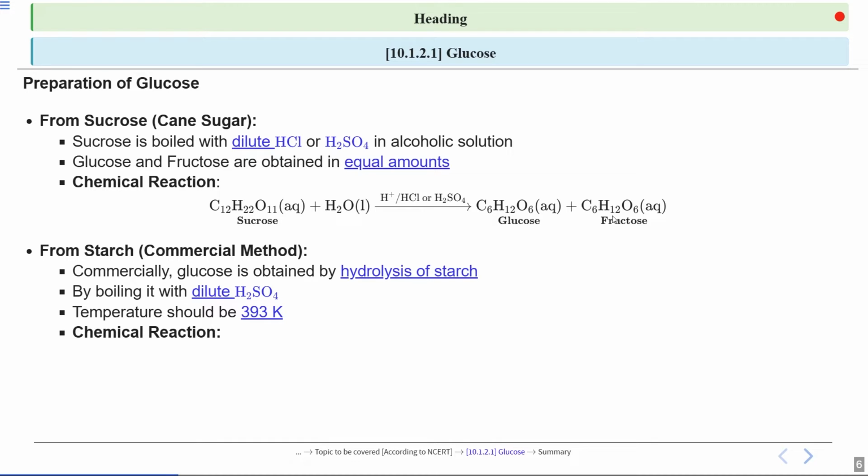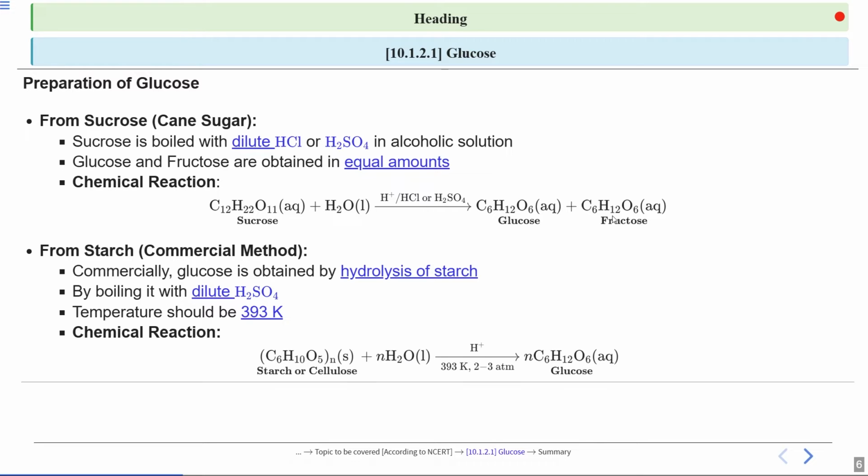So let us look at the chemical reaction for this process. So you will see in this reaction starch or cellulose, which is represented by this molecular formula, reacts with 1 mole of H2O in the presence of acid at a temperature of 393 Kelvin and pressure between 2 to 3 atm.